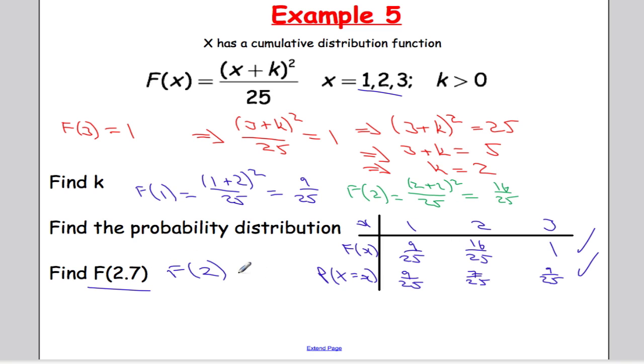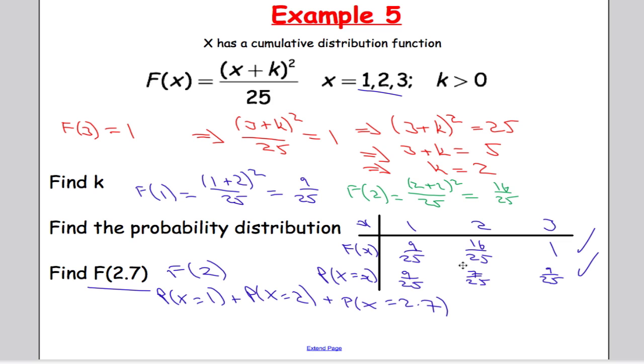So if I want f of 2.7, that's the same as the probability that x equals 1 plus the probability that x equals 2, and if you like, the probability that x equals 2.7.